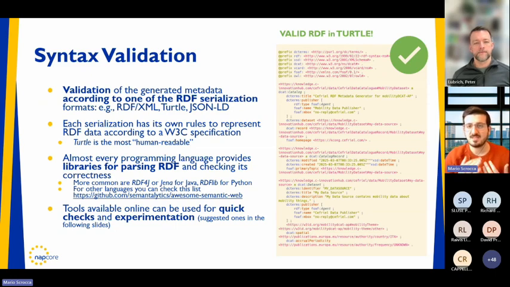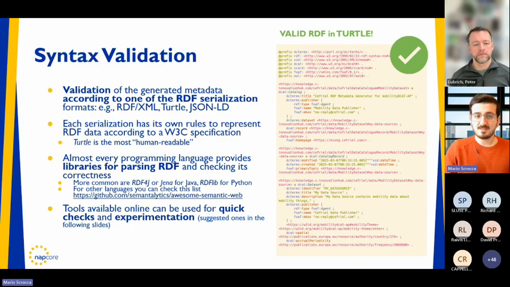Each of these serializations has its own rules to represent RDF data, and there are W3C specifications that you may check on the web. My suggestion for someone that is not very familiar with these serializations is to start from Turtle, that is quite human readable. All RDF is both machine readable and human readable, but Turtle, I believe, is the easiest to read.